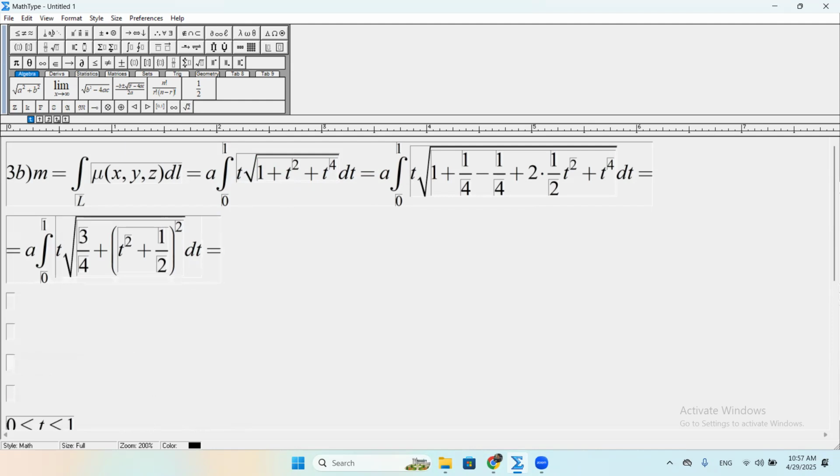And now what can we do? So I guess we can use the differential technique. So the differential of this expression, we need to differentiate this, so it will equal 2t dt.